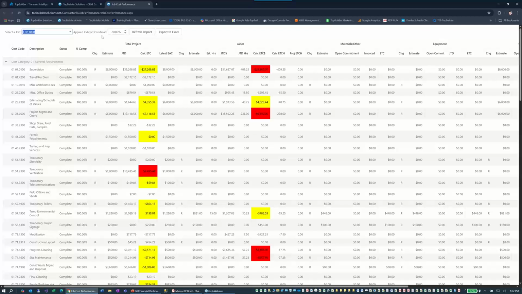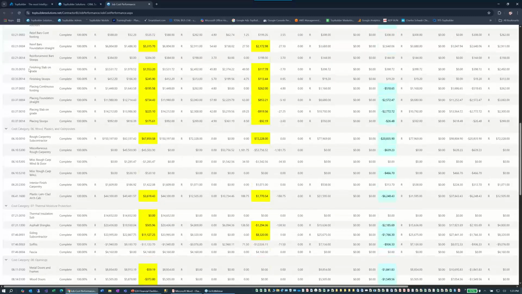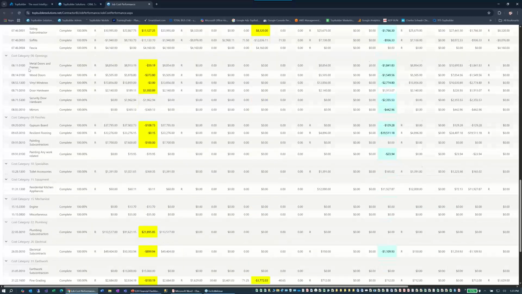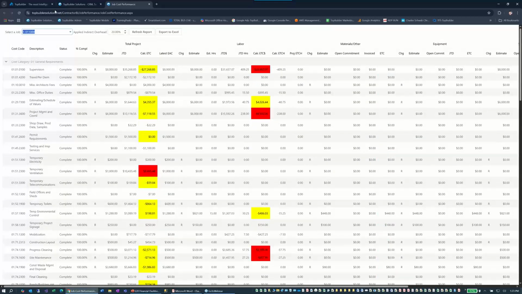When we pull this up, you can see the cost categories, starting with general requirements, all the way down to the completion of the construction, laid out in terms of the total, labor, materials, other. And then you can see where you're having problems.